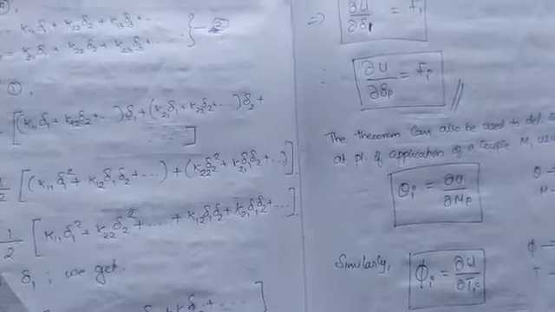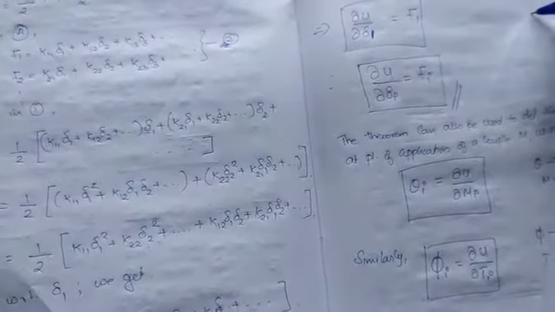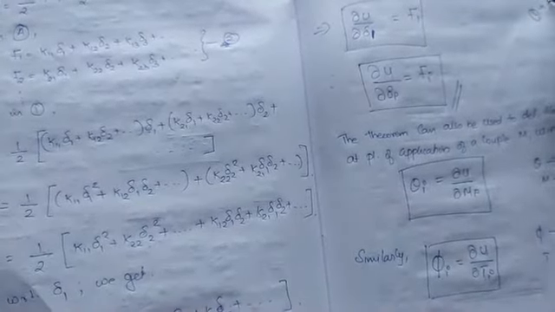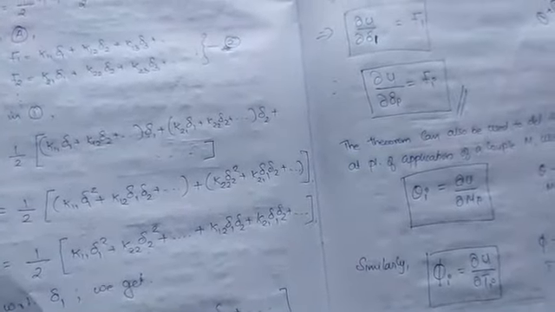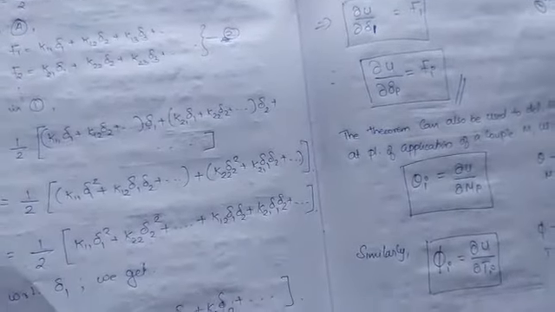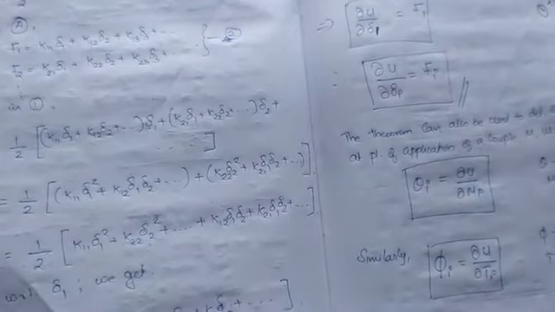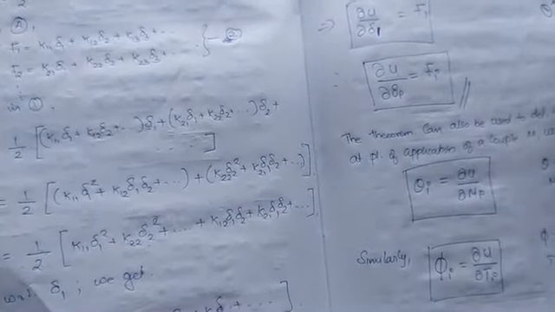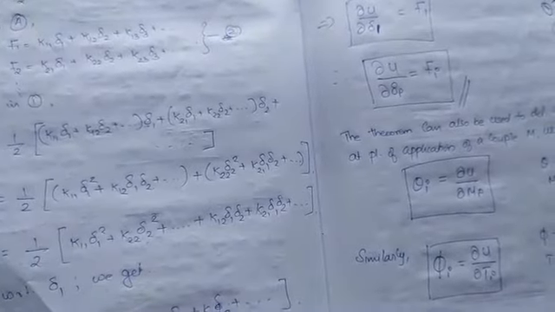Basically, they will ask first theorem and second theorem together for 4 marks. Then you just need to write the expression, what you mean by first theorem and what you mean by second theorem. And if they are asking for more marks, say 10 marks, you need to explain the derivations, and both of them you need to explain.